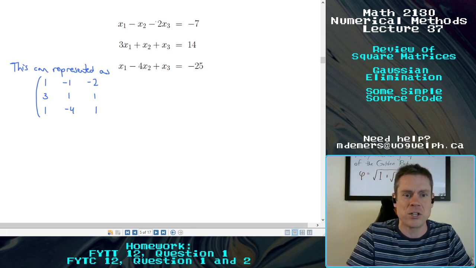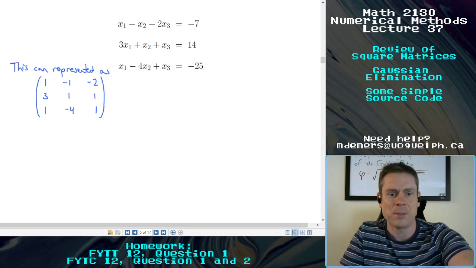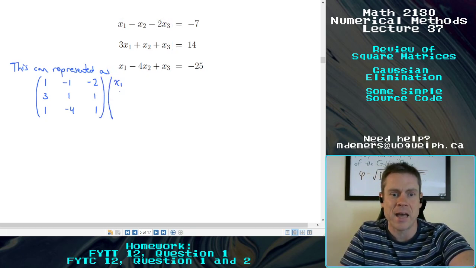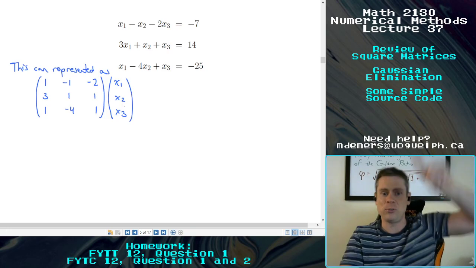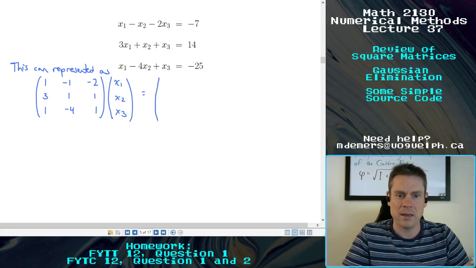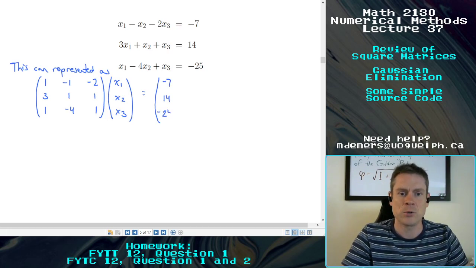Those are the coefficients for all of these terms right here. I am multiplying this by x1, x2, x3, and by the laws of how matrix multiplication works, that produces this system. And on the right, we have that vector of values, the b vector, if you will, which was minus 7, 14, and minus 25.